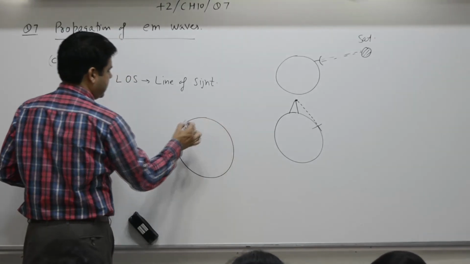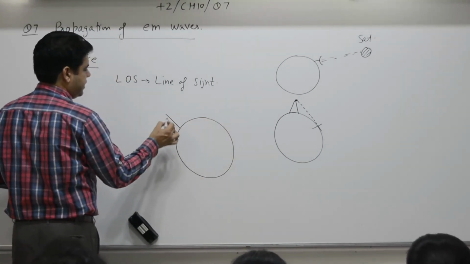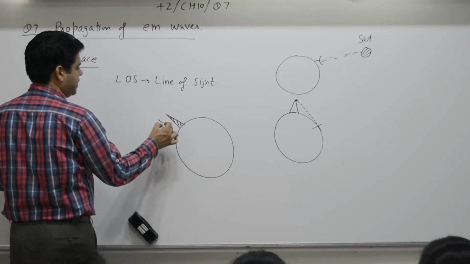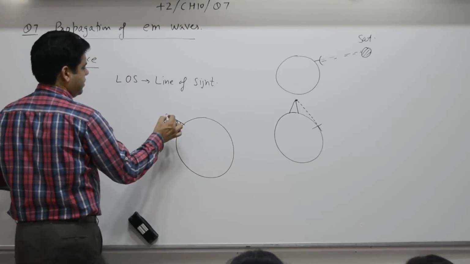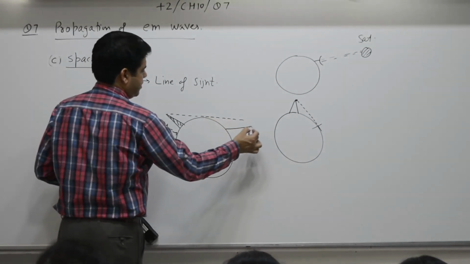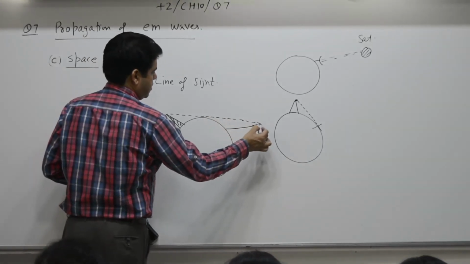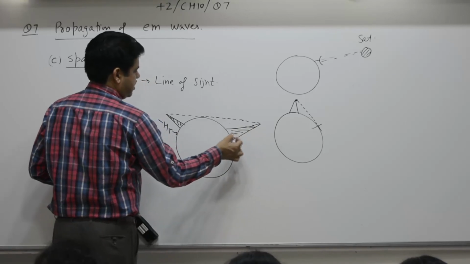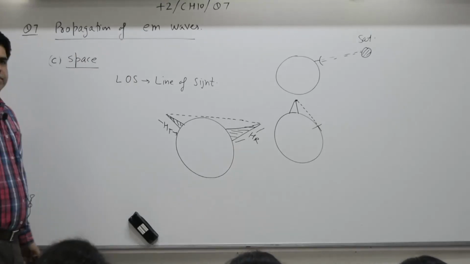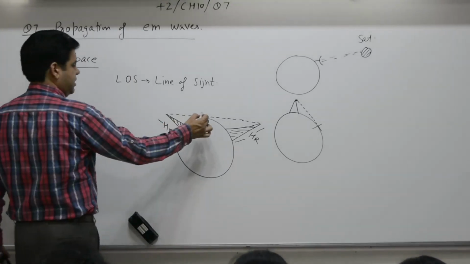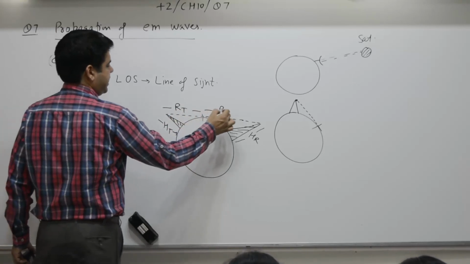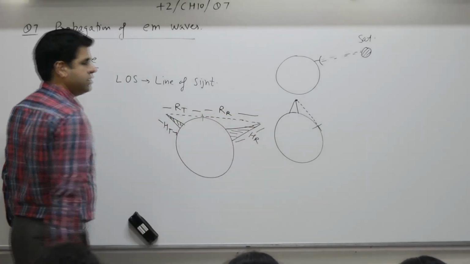In case you have a tower, a transmitter here, the height of the transmitter is HT. You have another tower, tower 2, the height of a receiver, the range of a transmitter, the range of a receiver.